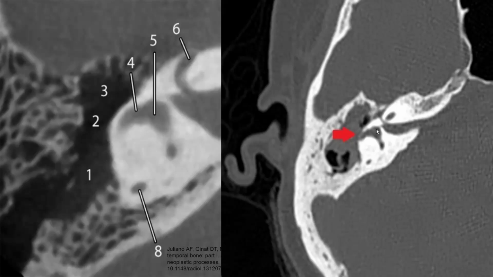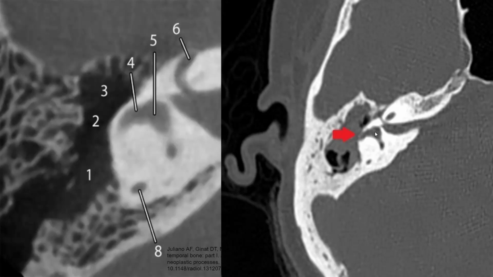We can identify the vestibule here, and one way to identify the vestibule, besides just looking at this bulbous structure, is that you have the internal auditory canal coming in here, and we talked about the seventh nerve, which is the facial nerve, coming up here. But then we have the vestibulocochlear nerve, which is cranial nerve 8, that goes to the vestibule.